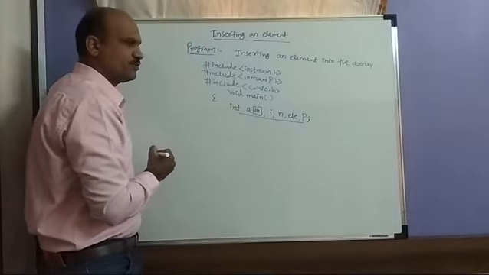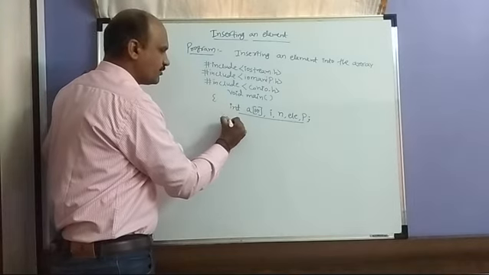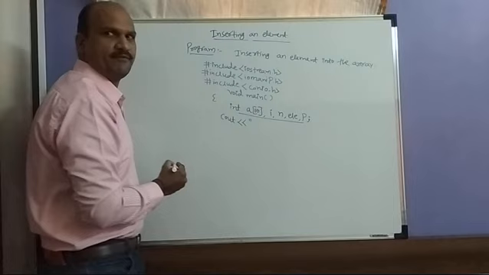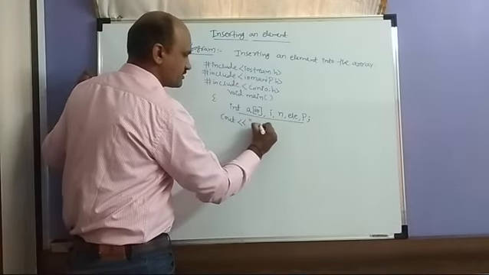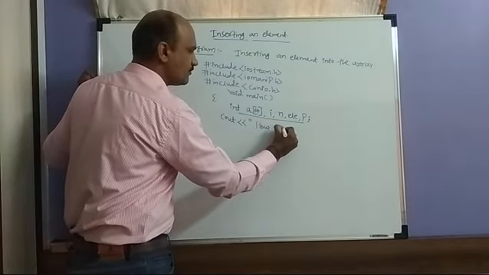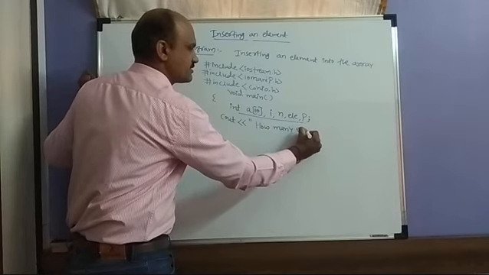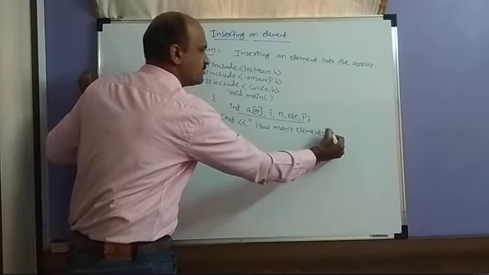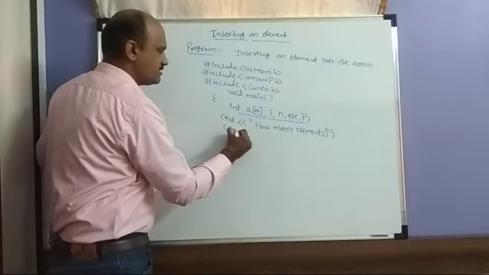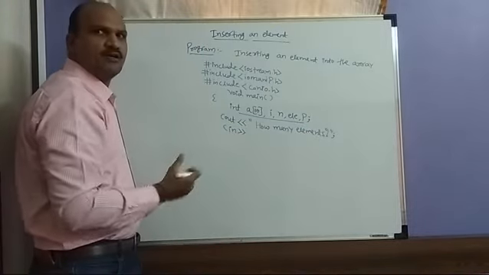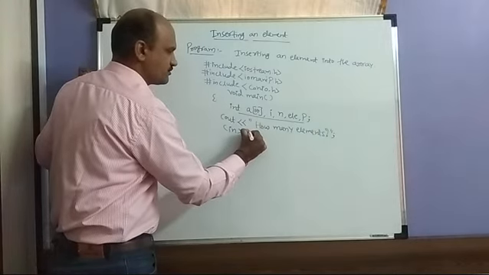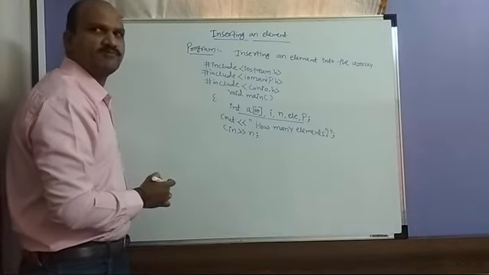Then first what you have to do is cout: how many elements you want to enter. Okay. So, how many elements? It will print, then you have to read the number of elements, that is n. I will give 5 or 6, within the size of the array.